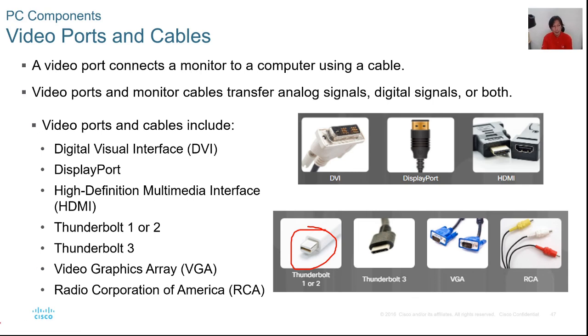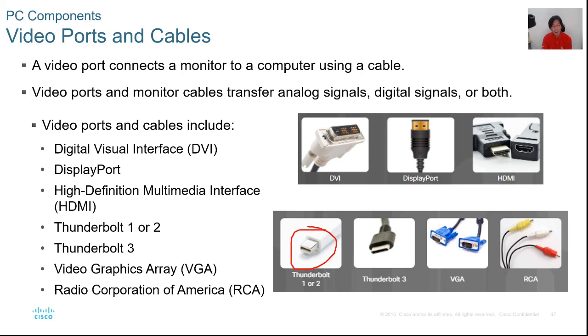How about Thunderbolt 3? It is almost an upgraded version of 1 and 2, but it uses the same connector type as USB-C. And the legacy video connector or video cable, we call it VGA.